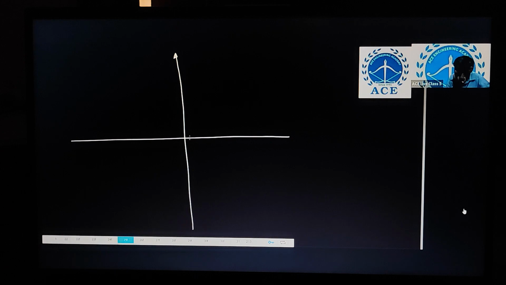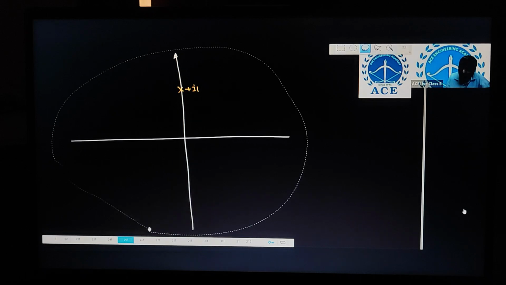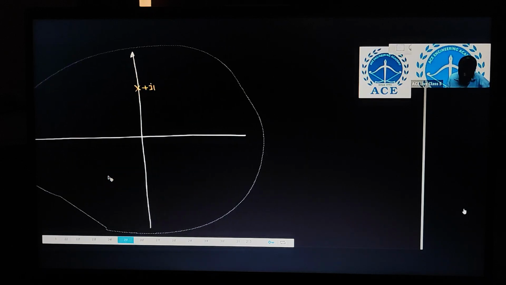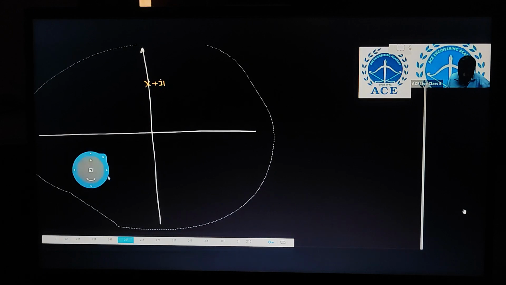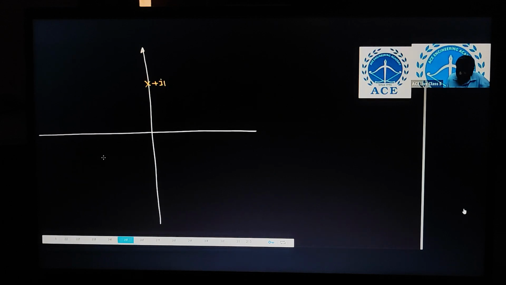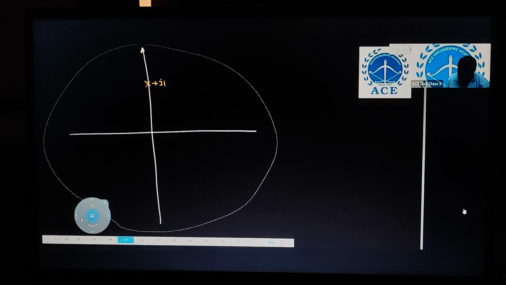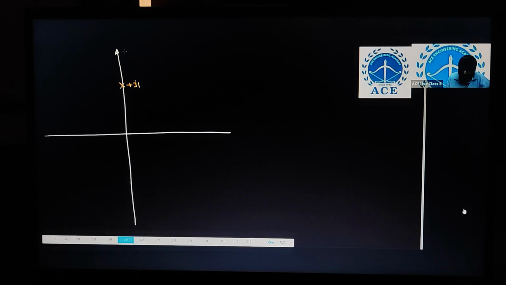No problem. Represent the poles. This is j omega, plus j1, one more pole minus j1, one more pole plus 1, one pole minus 1.